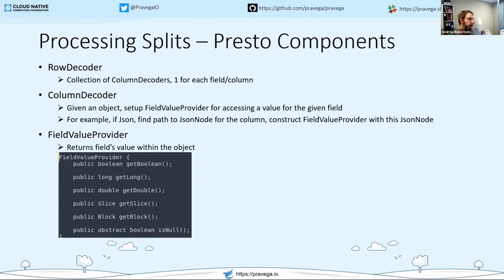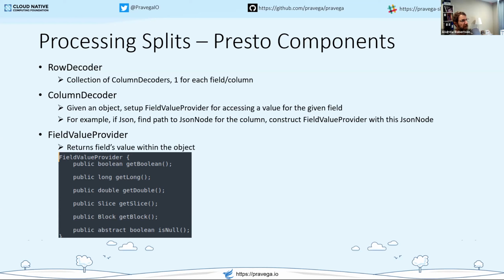And as Karan mentioned earlier, it's all columnar, right? So Presto is basically building pages of data. The components involved in this are row decoders, which are a collection of column decoders. There's one for each field and column involved in the query. And the column decoder is basically setting up this thing called a field value provider. And that's all about how do I get the value for a given field, right?